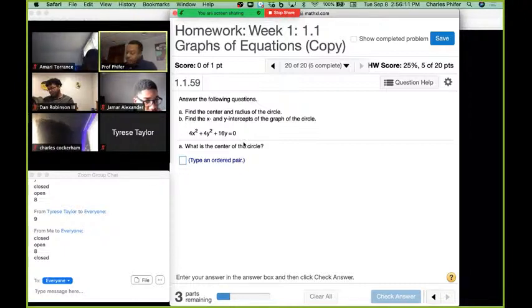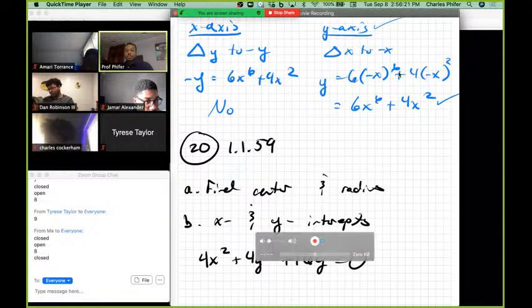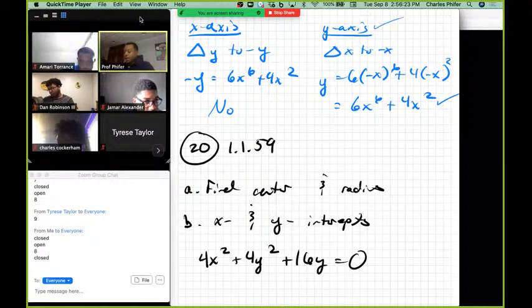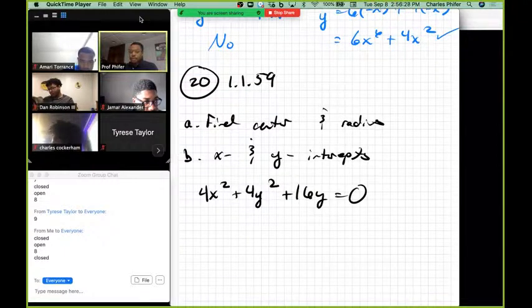And the function we have is 4x squared plus 4y squared plus 16y equals 0. All right. Center and the radius. Let's divide everything by 4. So then we'll get x squared plus y squared plus 4y equals 0.